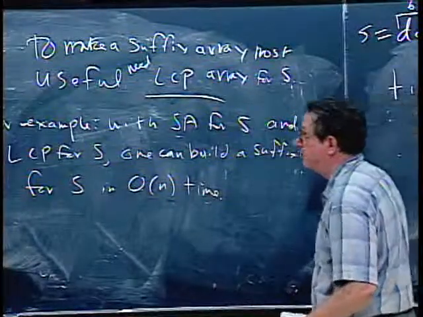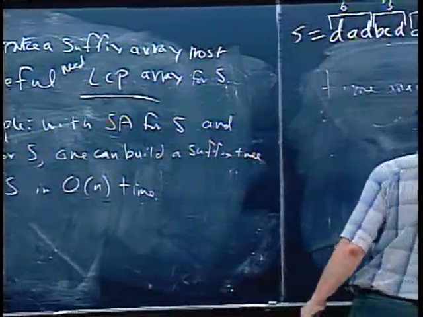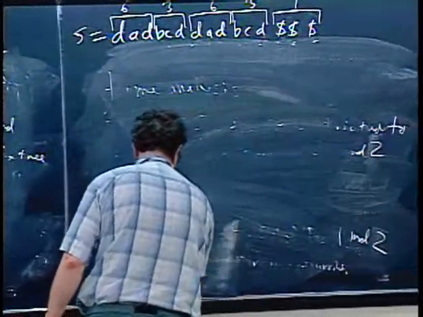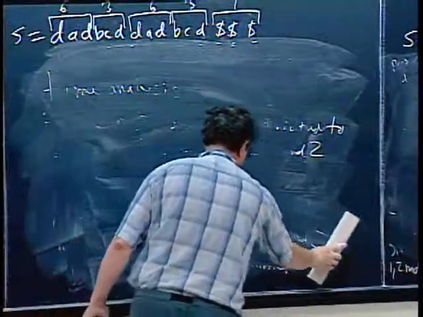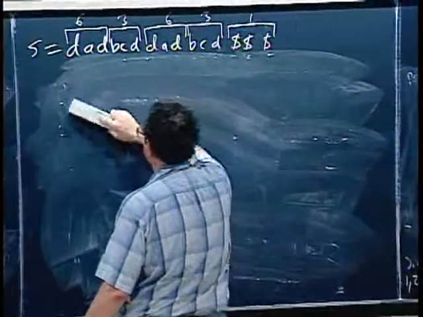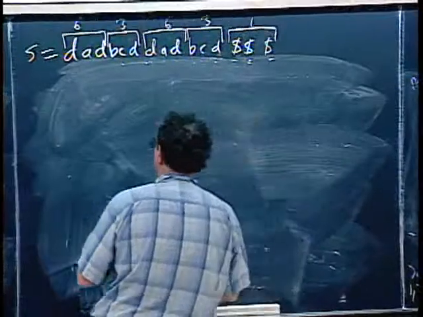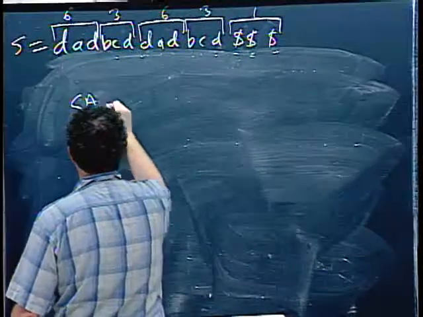So we still have a suffix array. Well, let me do it first abstractly. Maybe I'll end after I define this abstractly. So here we have a suffix array.